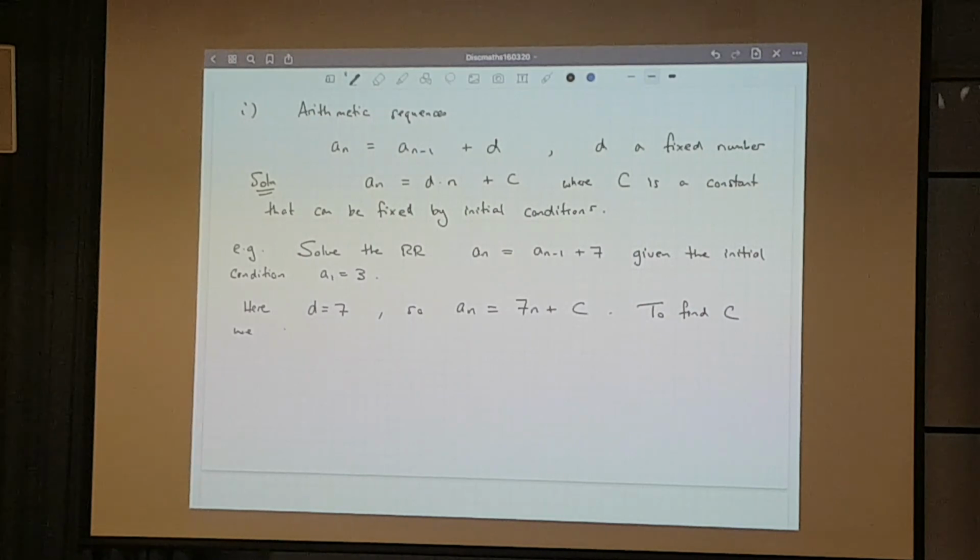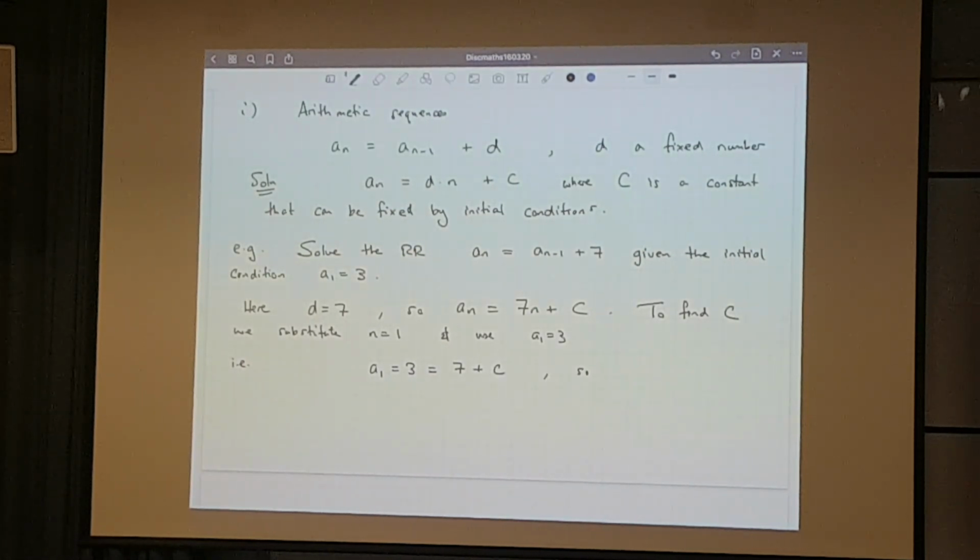We substitute n is equal to 1 and use the initial condition that a_1 is equal to 3. So if we do that, we get that a_1 is equal to 3, and from the formula we know that that's equal to 7 plus c.